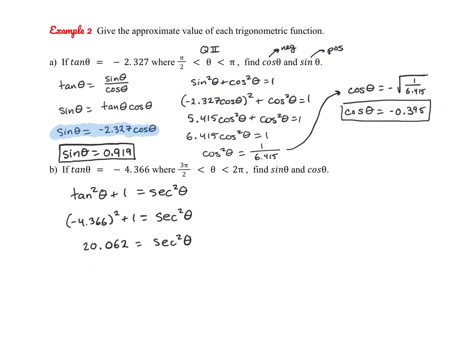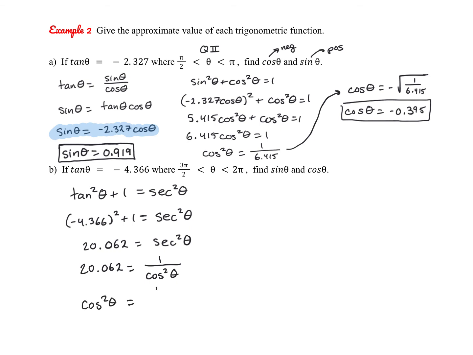But we are trying to find sine or cosine. So I can rewrite secant squared theta as 1 over cosine squared theta, the reciprocal function. And then we can multiply both sides by cosine squared and divide both sides by 20.062. And then we would take the plus or minus square root of both sides, but let's actually decide if our answer should be positive or negative. So when we're between 3 pi over 2 and 2 pi, we're working in quadrant 4.